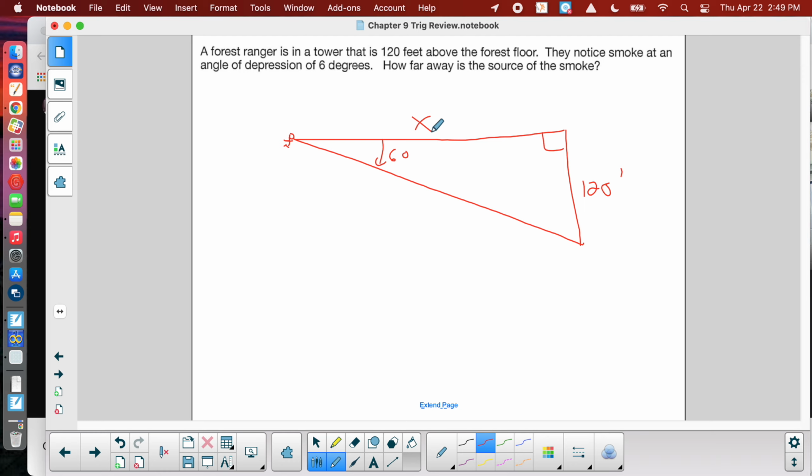It's a rectangle. So, tan of 6 is 120 over x, and you wind up with 1141 feet. I got 120.7. Oh, I forgot. Did you use 60 degrees or 6 degrees? 6. Yeah, it looks like 60 here. 6 degrees.